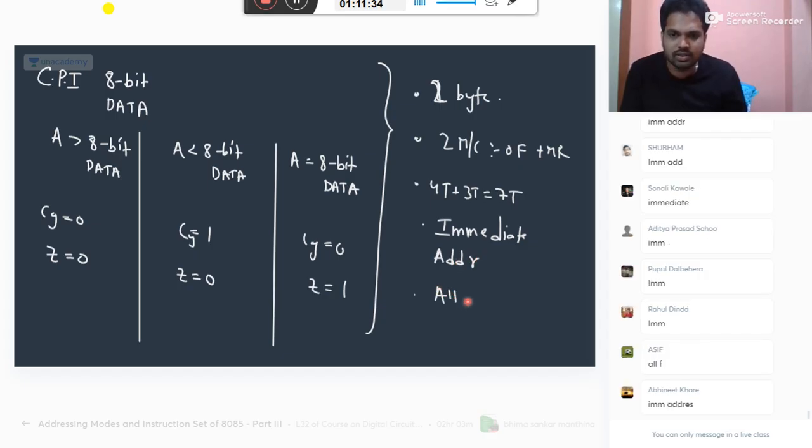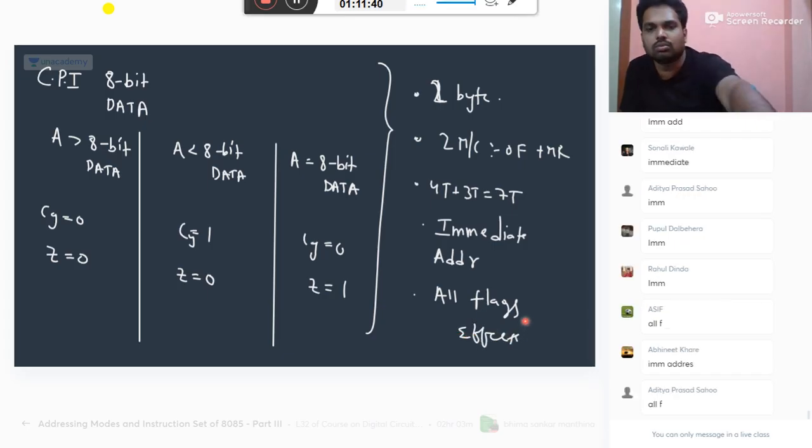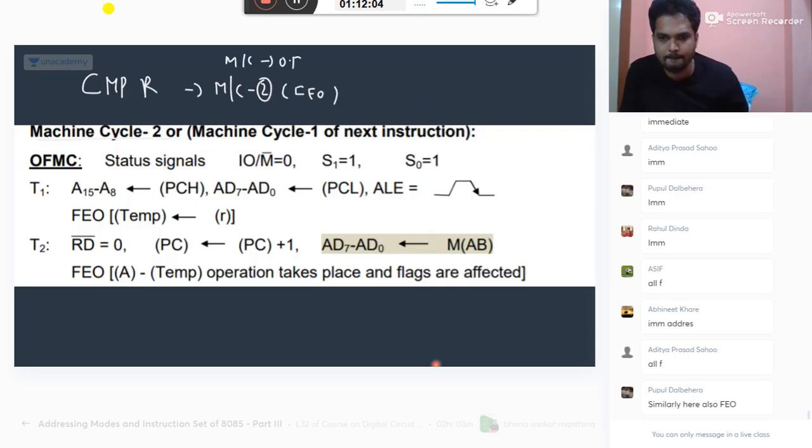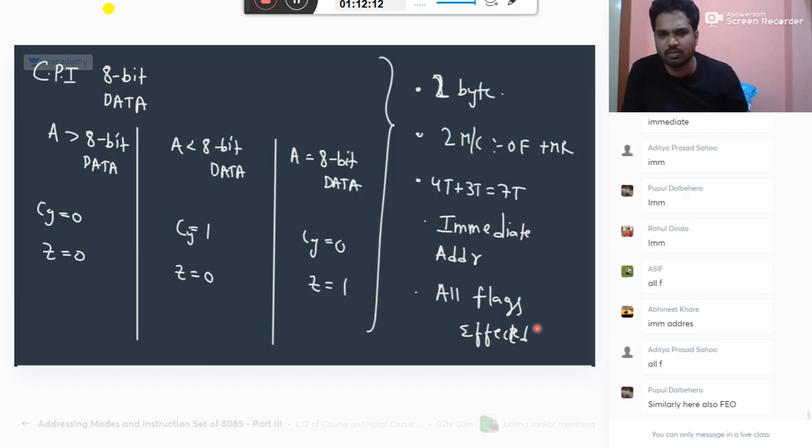Similar to compare, we have fetch execution overlap, everything is the same. Comparing means even the leftover job is done by the execution unit only.